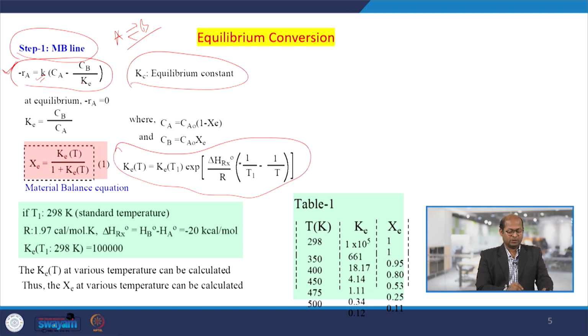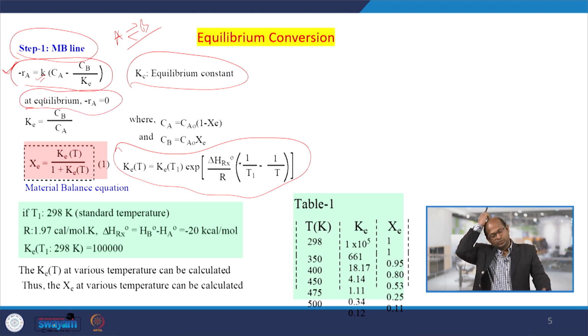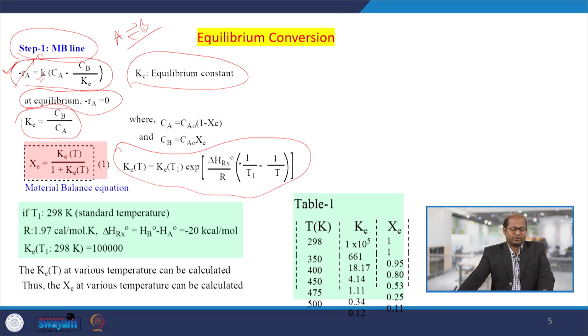When the system is at equilibrium, the rate would be 0, minus Ra equals 0, meaning neither the forward nor the backward reaction progresses, but they proceed at equal rates. Putting minus Ra equals 0 and rearranging these equations, we get Ke equals Cb by Ca.